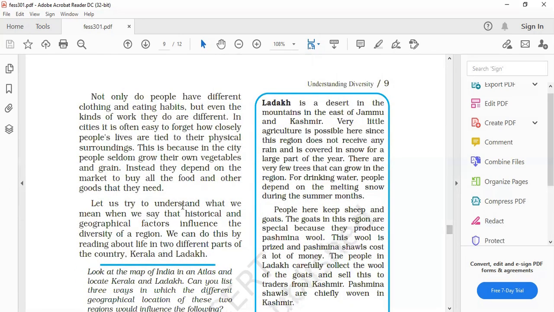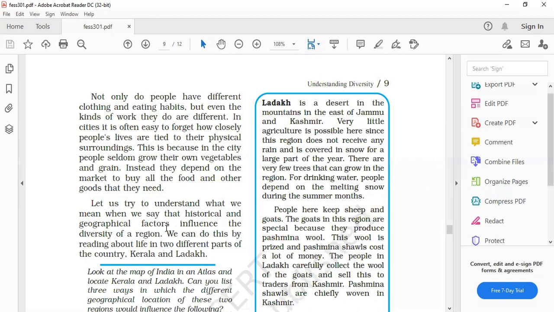Then come here. Here it is: what do you think? See, the physical surroundings, historical and geographical factors. Underline these words, the historical and geographical factors. So here you can get questions like, history and geography are often tied to the cultural life of a region.